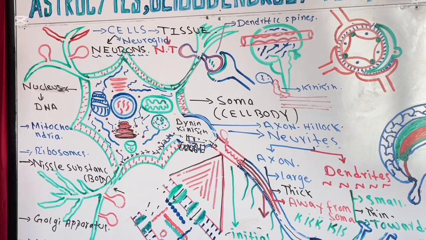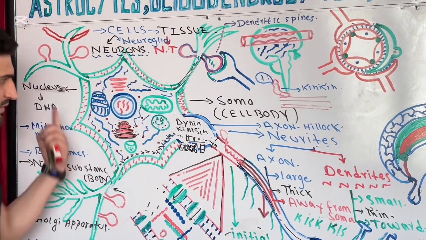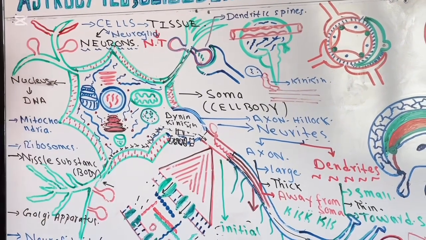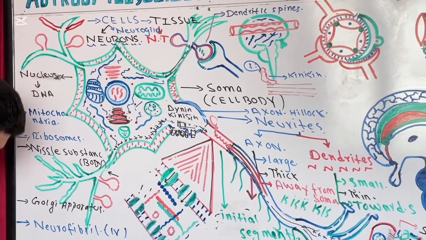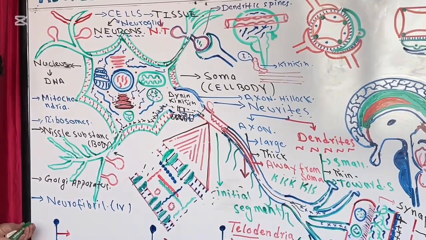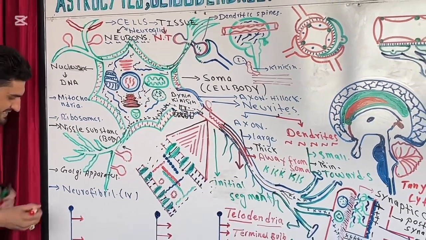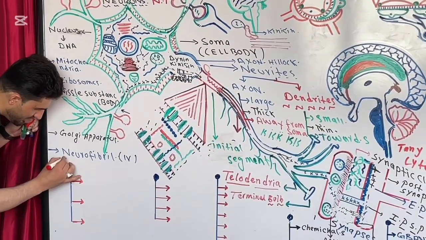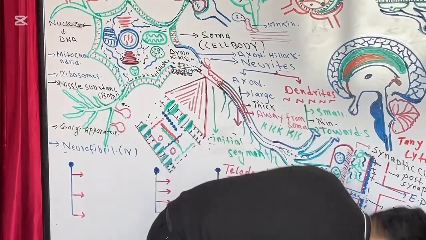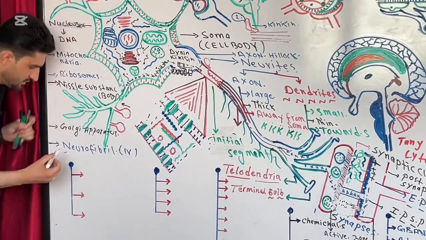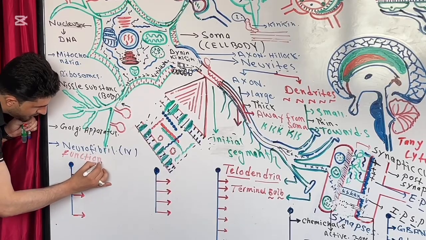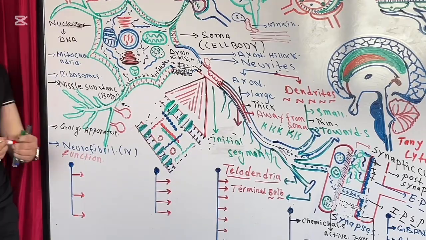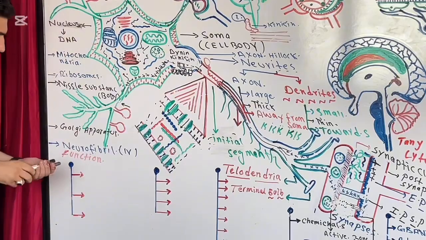So this was a lot about the parts of the neuron. Now let me talk about different types of neurons. Based on function, we have three types of neurons.